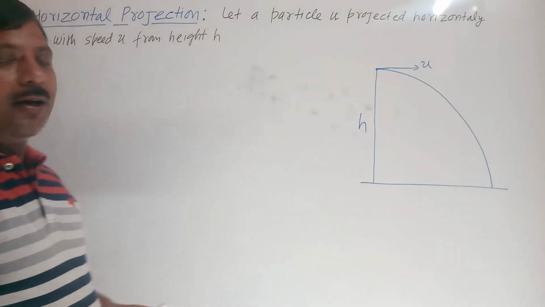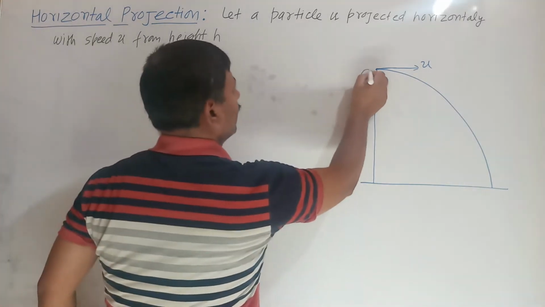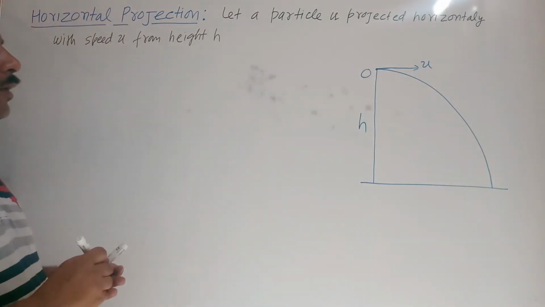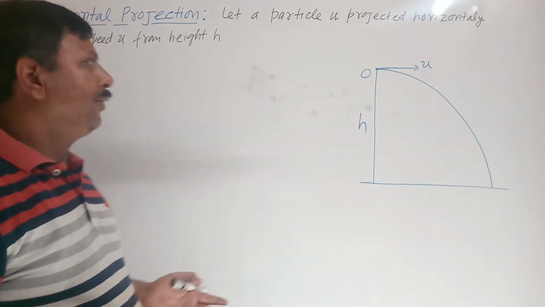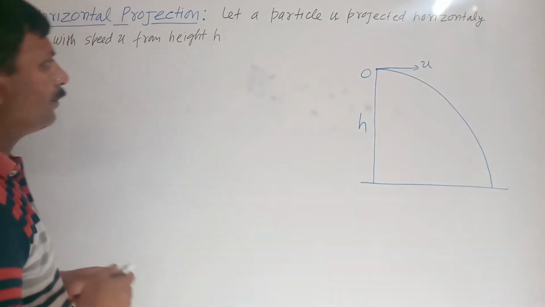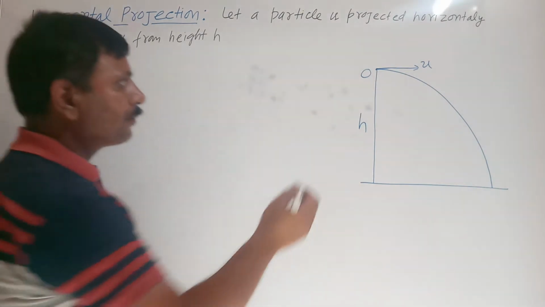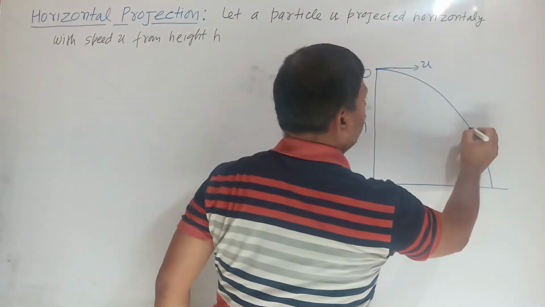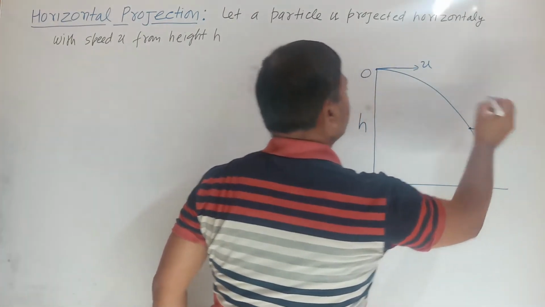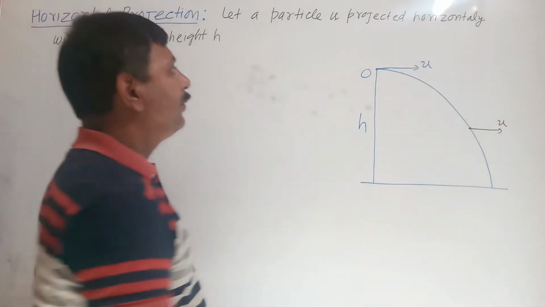So see here, how we will solve it? Suppose the particle is projected at point O. I have taken the origin. If you see the horizontal motion, no forces are acting, and at each and every point you can see its velocity, the horizontal component will be u.